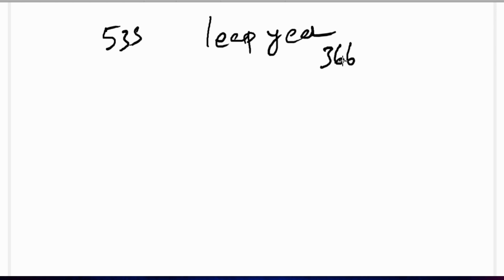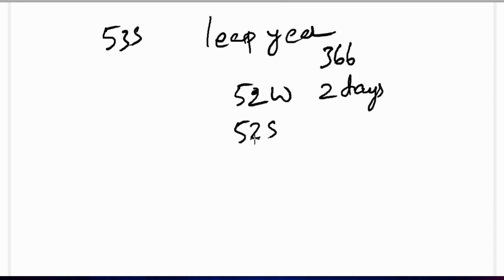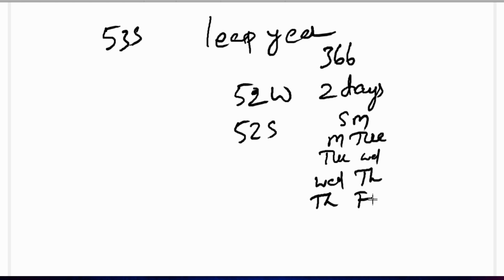Correct? So, for a leap year, we have 52 weeks and 2 odd days. From 52 weeks, we will have 52 Sundays. These 2 days may be Sunday-Monday, Monday-Tuesday, Tuesday-Wednesday, Wednesday-Thursday, Thursday-Friday, Friday-Saturday, and Saturday-Sunday. From Sunday-Monday, you have a Sunday, correct?